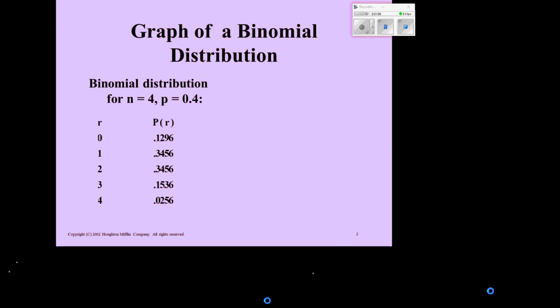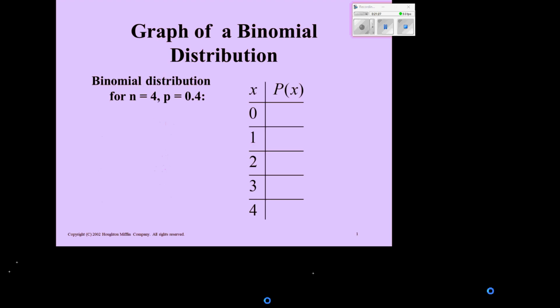You want to put all of your R's or X's into L1, and then put this into L2. We can think of this as X instead of R.